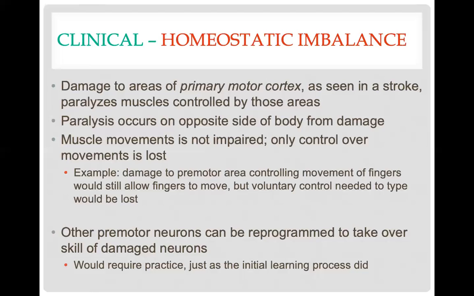So can somebody recover from a stroke? The answer is yes. The recovery might not be full, but you can gain the abilities that you have lost through repetitive motion and creating new neuron connections in your premotor area and in your primary motor cortex.